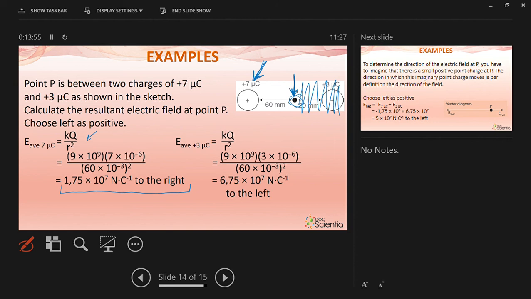Hoekom is hy afstotend? Onthou, daai ding het nie 'n lading nie, maar ons maak asof dit 'n positiewe lading is. If you were to draw this, the arrows would have pointed away. Do you agree? Nee?